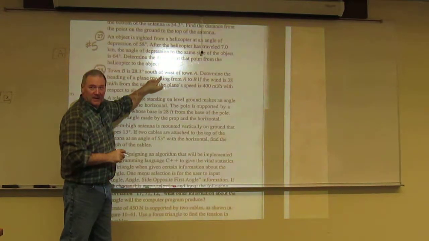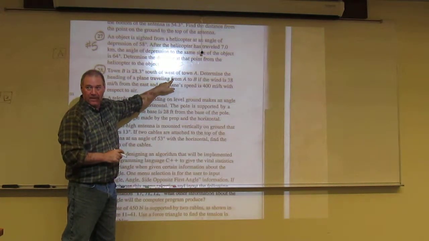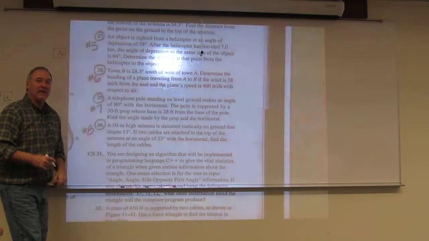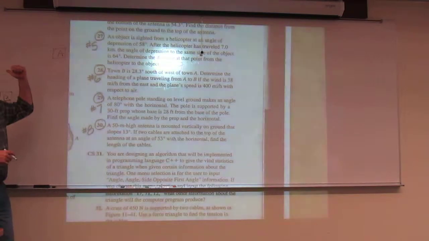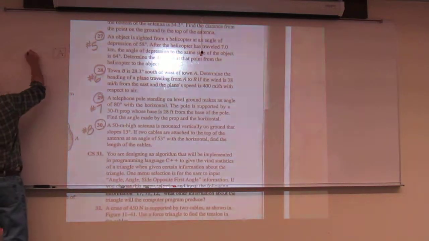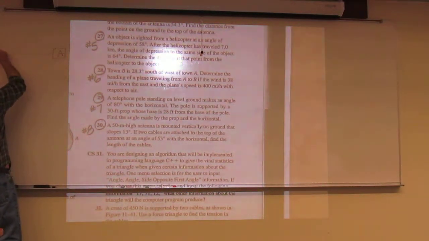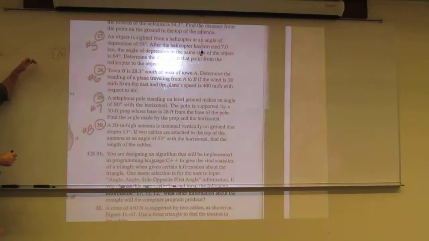Where's west on any map? Down and to the left, right? So we know this direction is west, and what they're saying is you're going to turn 28.3 to the south of the west line.